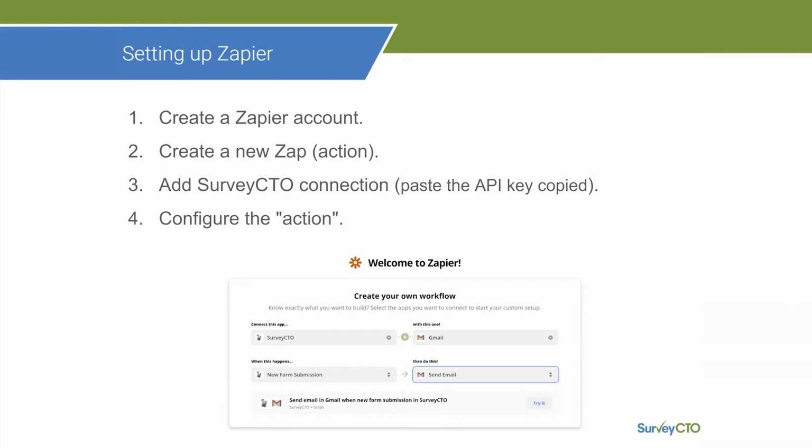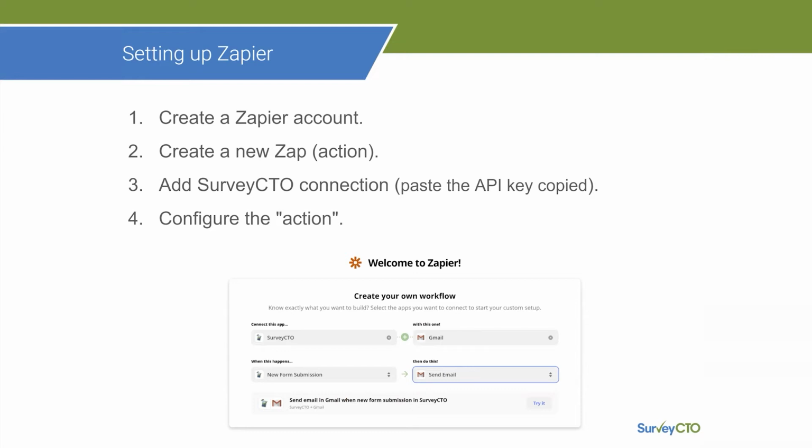What exactly or how do you want this action to take place? So again, very, very simple steps that you will do. Now, Zapier does offer you a number of different things that you can do, especially when it comes to configuring the action. You can configure the action to work using filters. So if a particular response in SurveyCTO is a certain value, then I want this to happen.